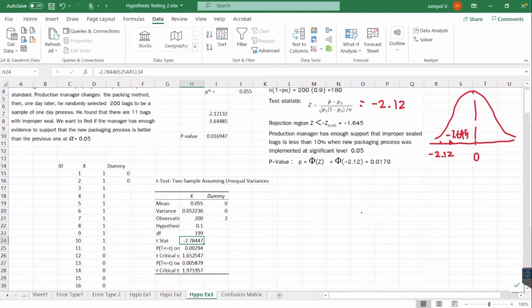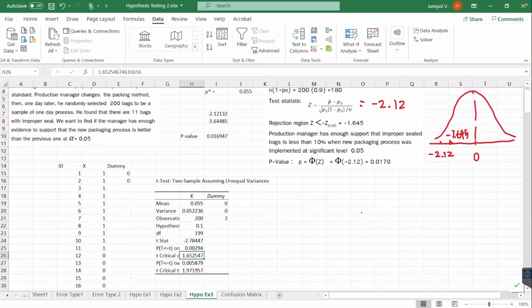The p-value is 0.0029, which is a lot less than the p-value here, 0.01. The t-critical value is 1.65 for a one-tail test. It is a little bit different from the standard normal distribution.